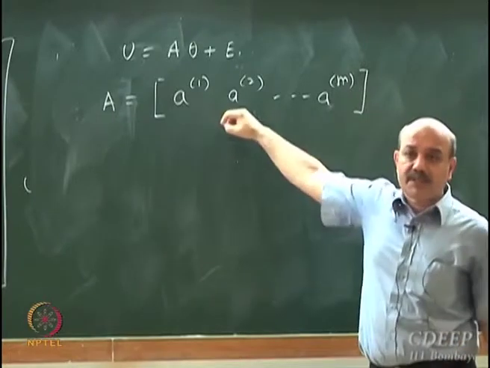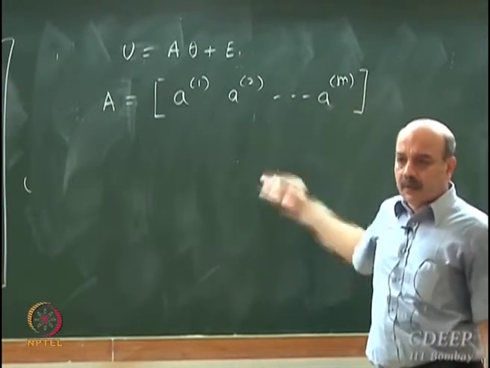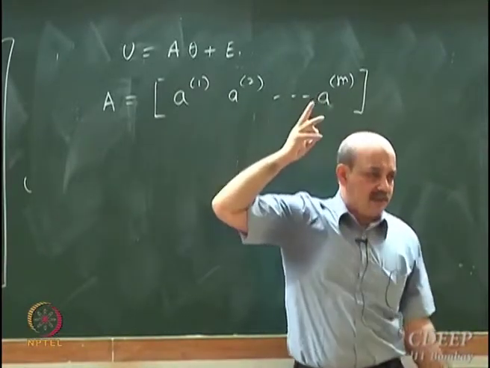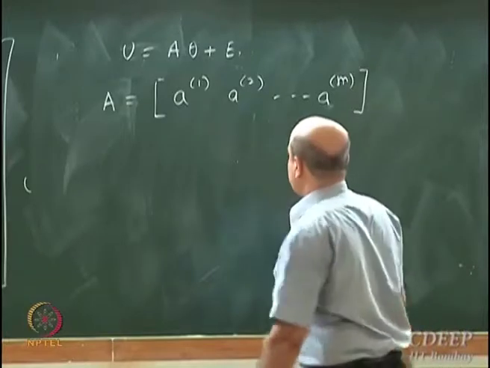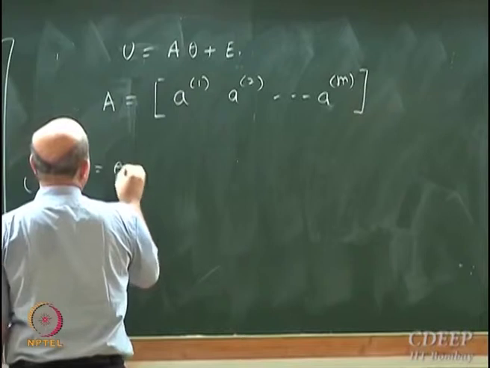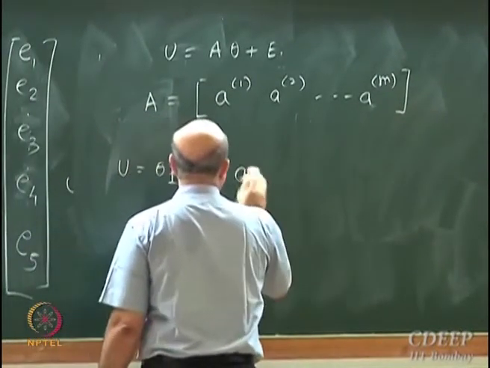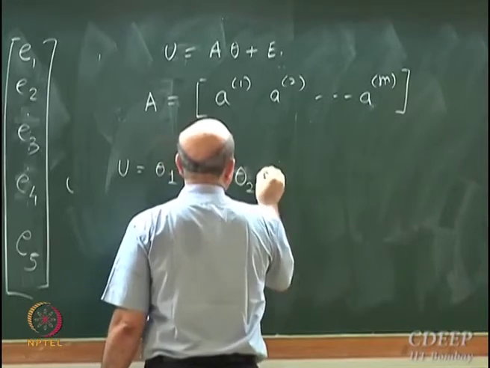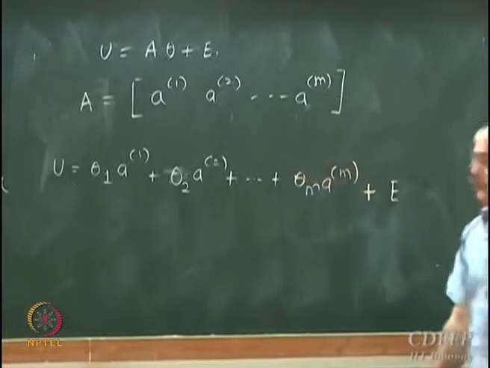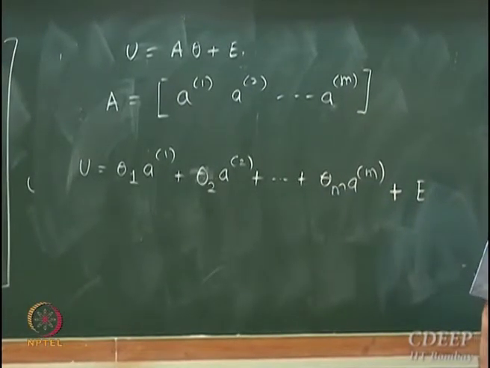There are m columns, these are column vectors. In this case there are 3 columns, here there are m columns. So I can write this equation as U is equal to theta 1 A1 plus theta 2 A2 and so on. I can write this vector equation.